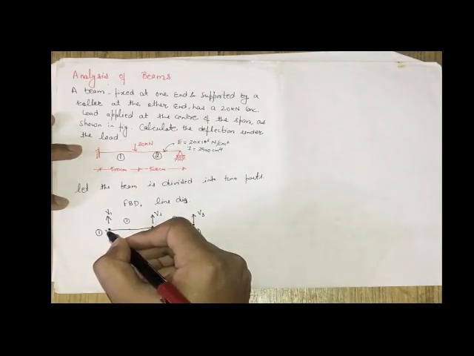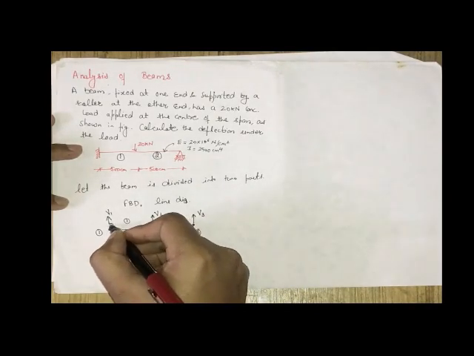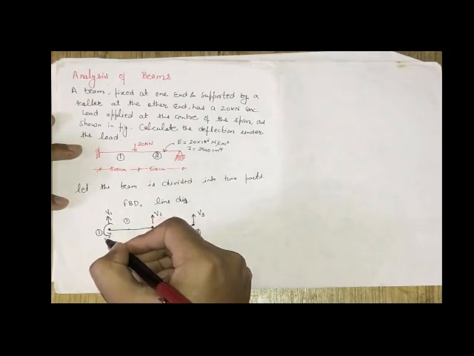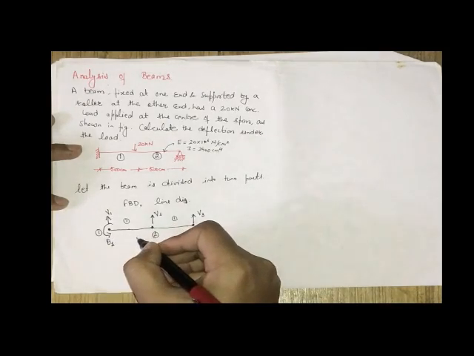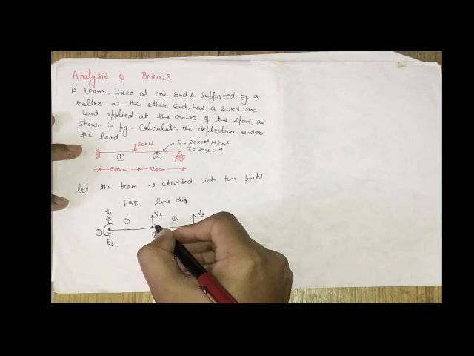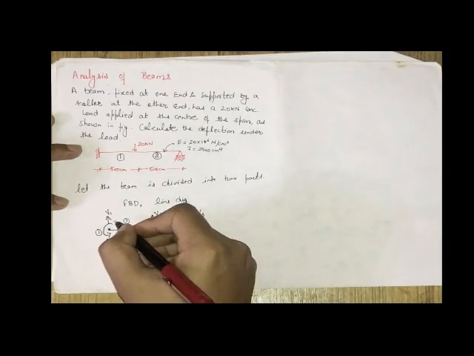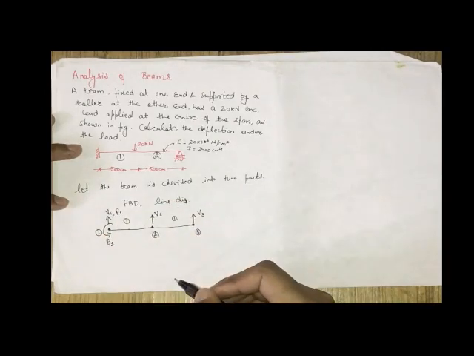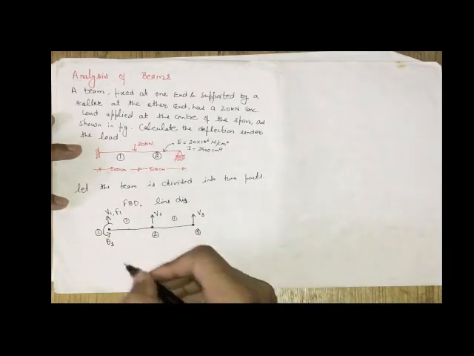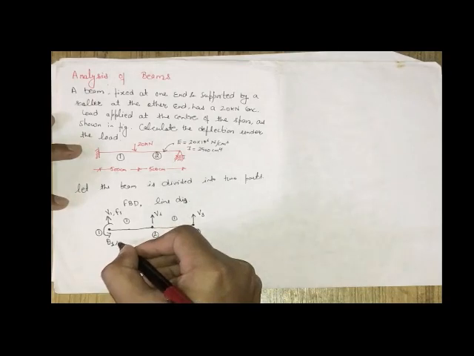One is the vertical deflection and the second is the couple moment or the slope, written as theta 1 for the slope. Then we have the shear force, denoted as F1 at node 1, and also the bending moment, that is M1.